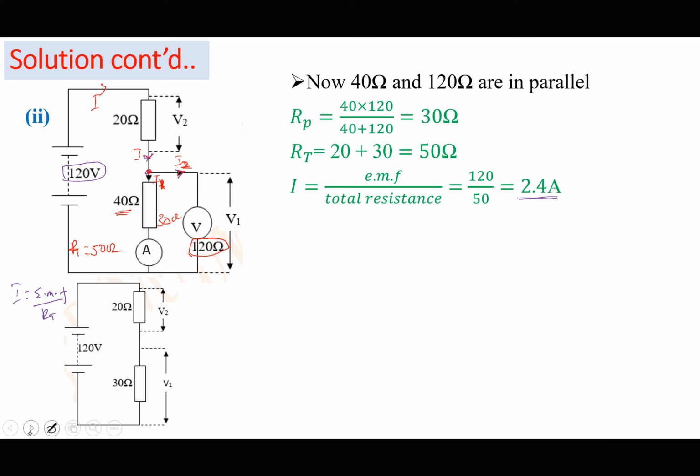So from Ohm's law, V is equal to IR, where I is going to be the current through the whole of the resistance at the bottom, which is 30. If I want to find V1, I is going to be 2.4. If I use 2.4, which is the total current entering the junction, then I should use the total resistance after the junction, which is going to be 30. In that case, V1 will be 2.4 times 30, which is 72.